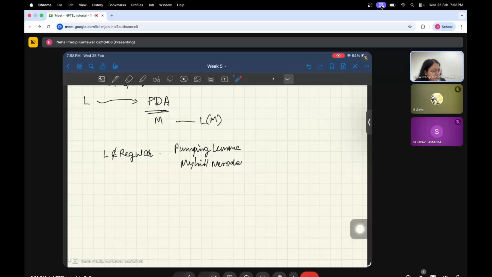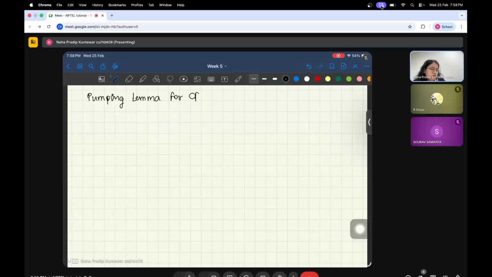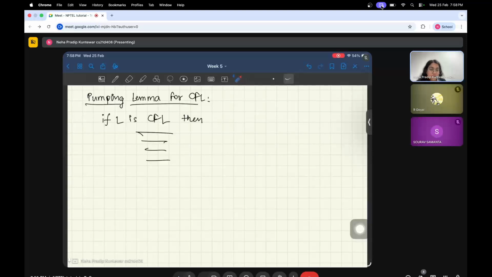But in the context of PDAs or CFGs equivalently, the pumping lemma for CFLs is also a weaker statement, because what it says is that if L is a CFL, then it must satisfy certain properties. So if you have to show that a language is not a CFL, then you will have to show that these properties don't hold.